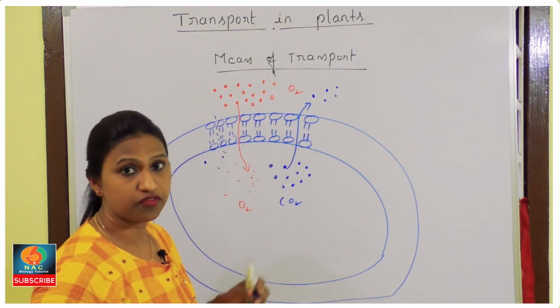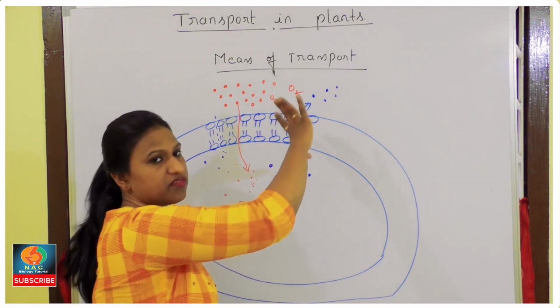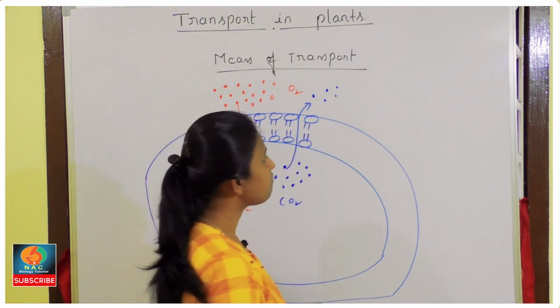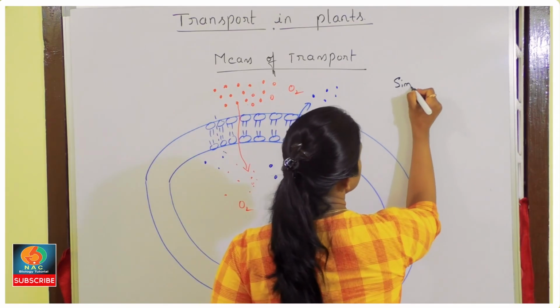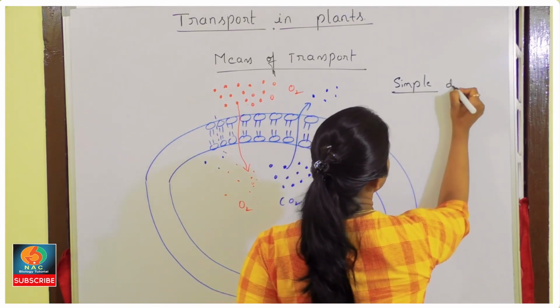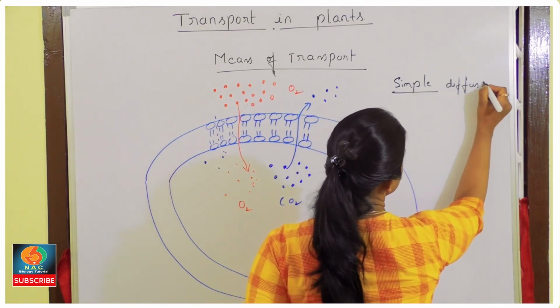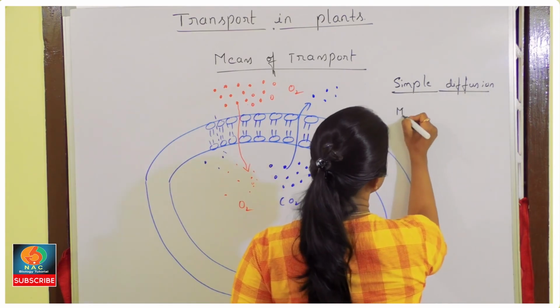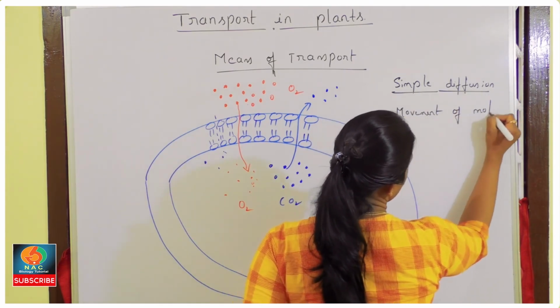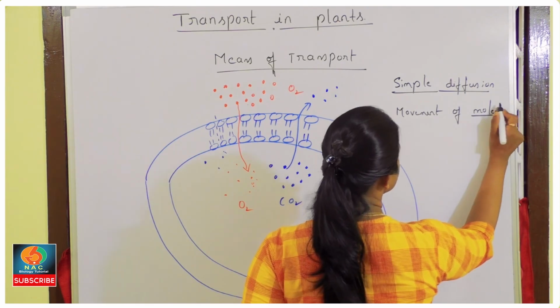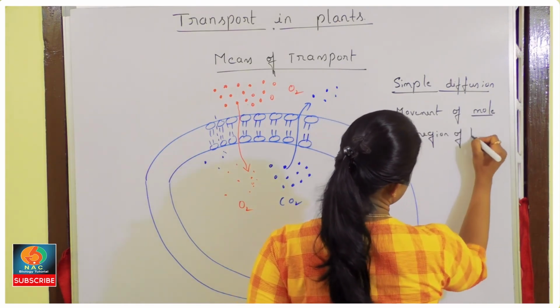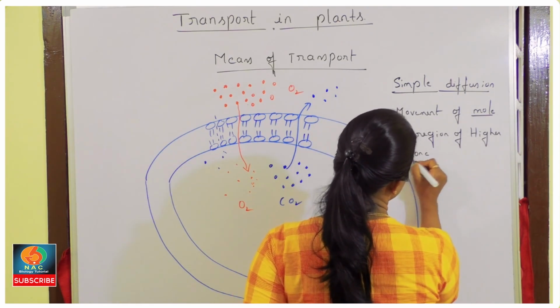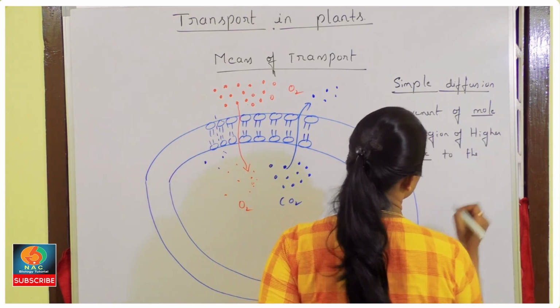Such type of movement of the molecule, we call it what? Simple diffusion. This is known as simple diffusion. That is the movement of molecules from the region of higher concentration to the region of lower concentration.